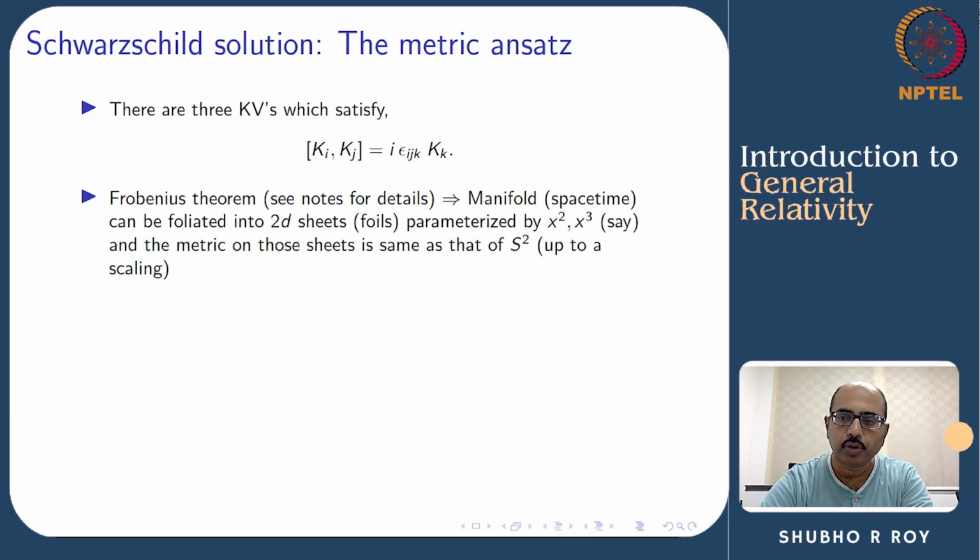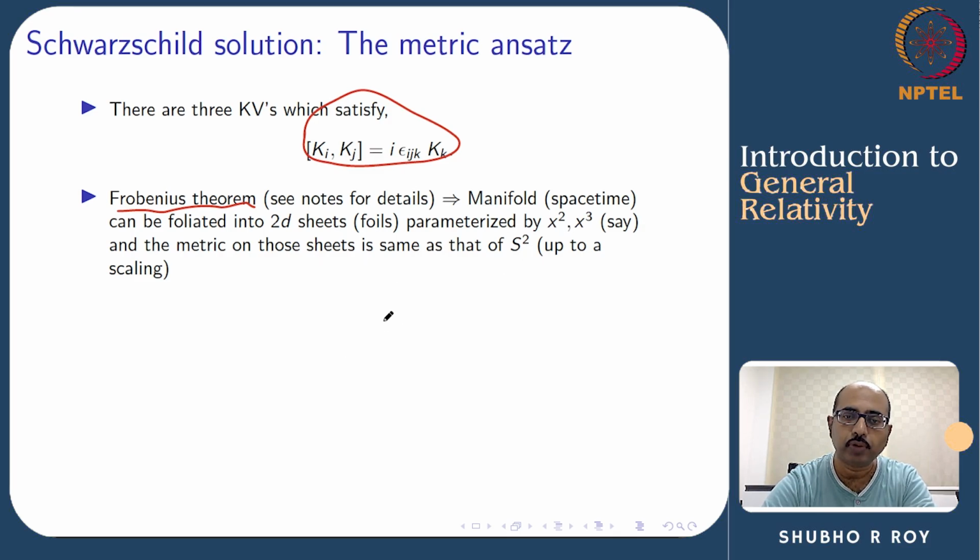Now, the next point: I won't go much into the mathematical details, but I will state a result in differential geometry, known as the Frobenius theorem, which says that if your spacetime has spherical symmetry, that is, there are 3 Killing vectors which obey the SU2 algebra, then the manifold, by which we mean spacetime, can be foliated into two-dimensional sheets parameterized by 2 coordinates such that the metric on those sheets is the same as S2.